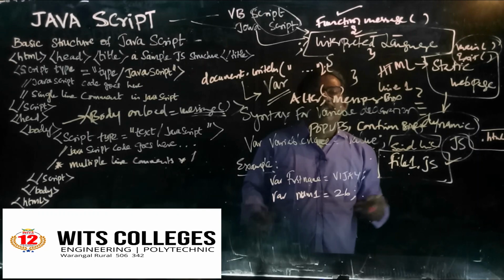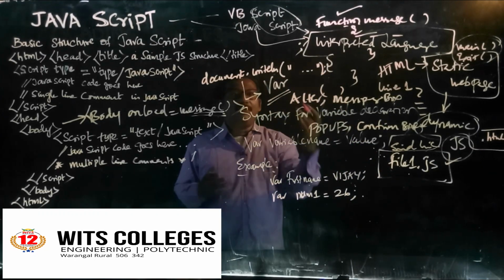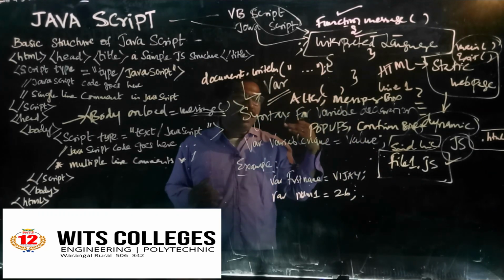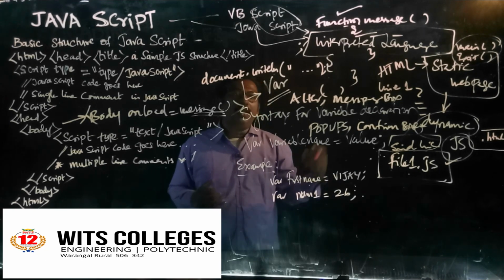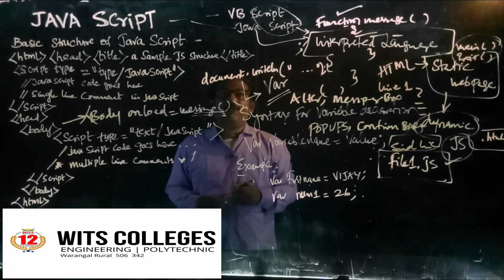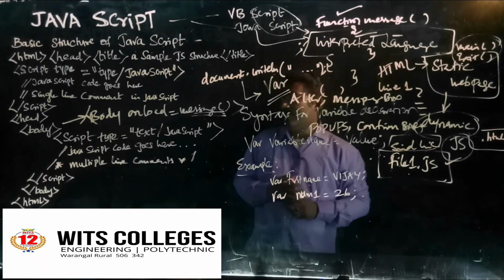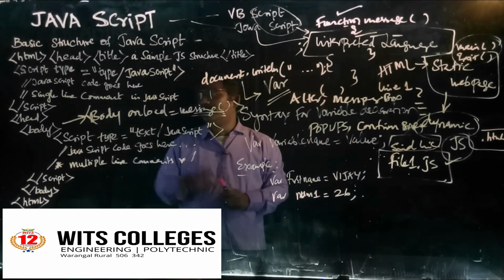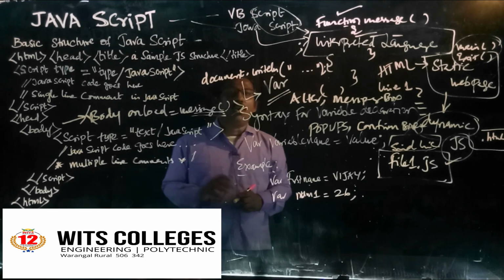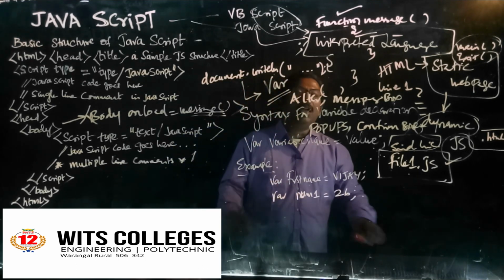It executes one line after another, and it is an interpreted language. So this is all about the basic concepts of JavaScript.